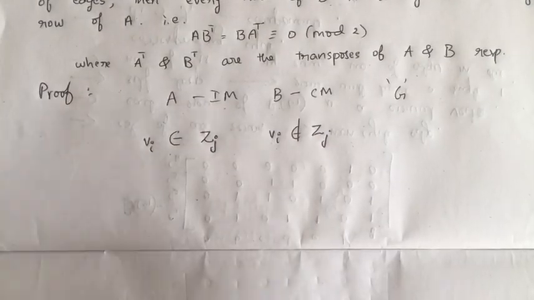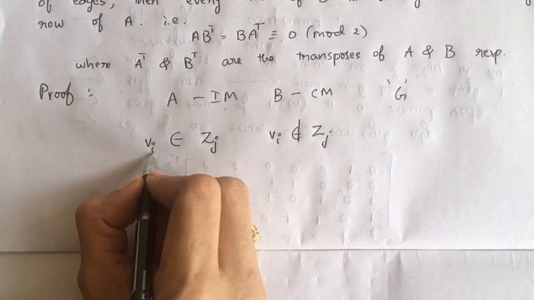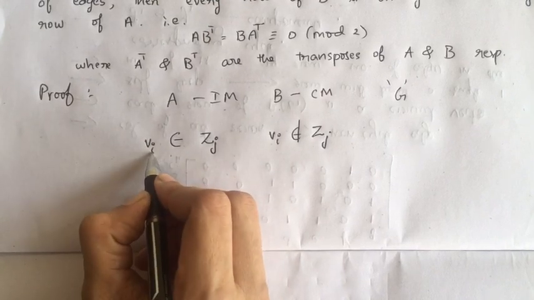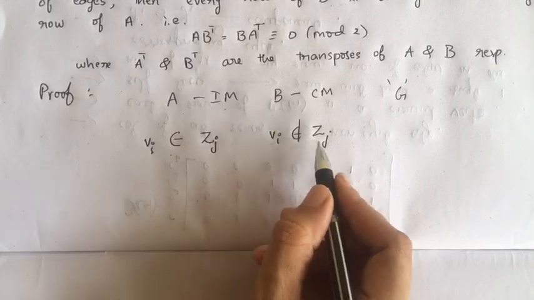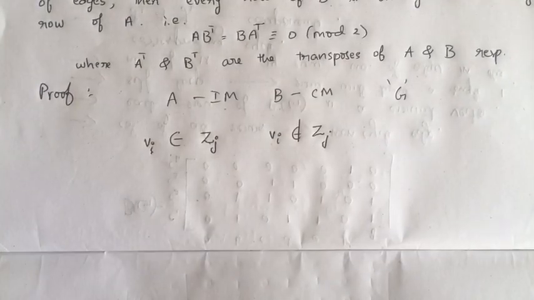There are two possibilities for any vertex Vi of graph G: it may be included in circuit Zj, or it may not be included in Zj.